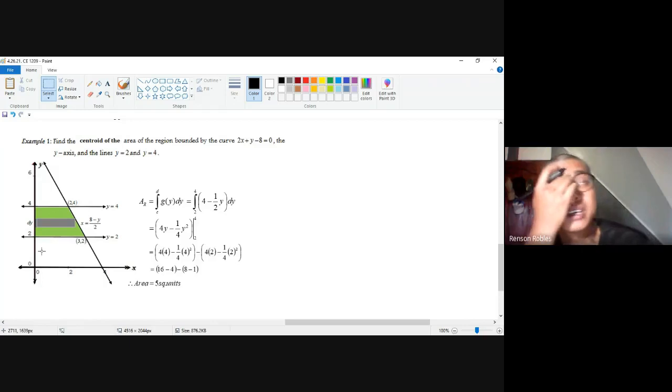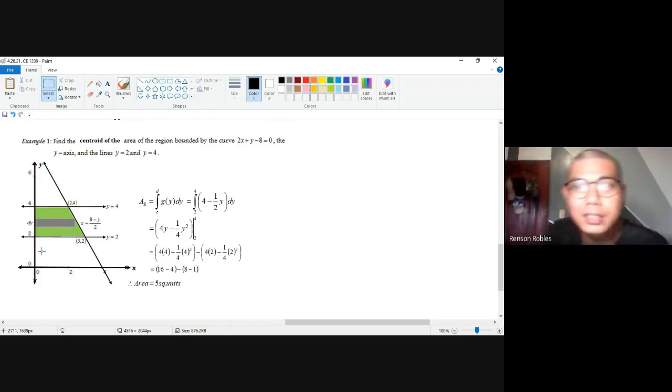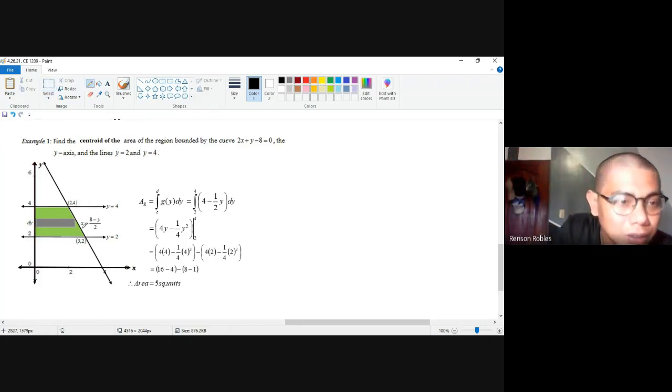And when we analyze it, sir, it is easy to solve if we take element horizontal. So we use horizontal technique. Okay. So then, ito yung ating centroid. We locate it exactly at the middle of the chosen element. This is the assumed centroid.